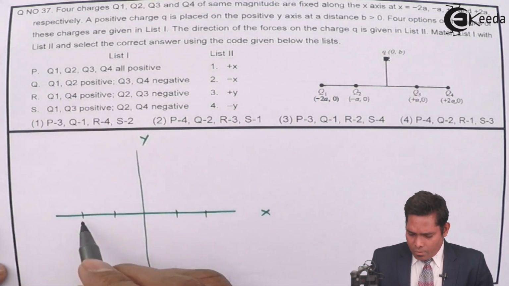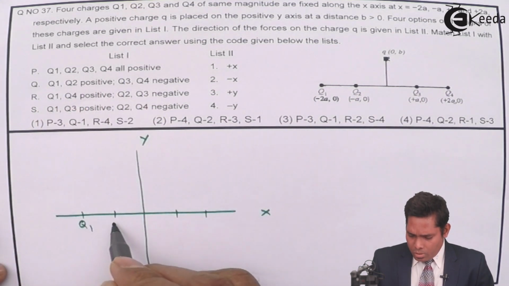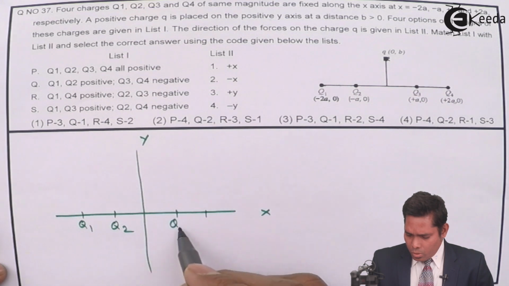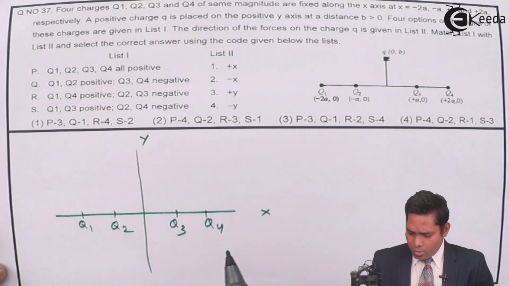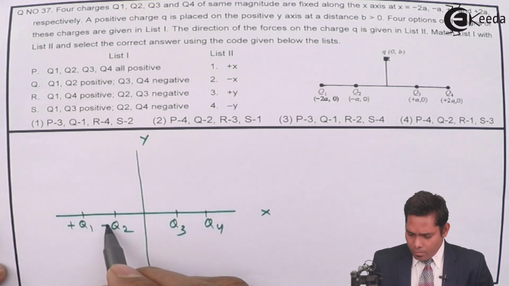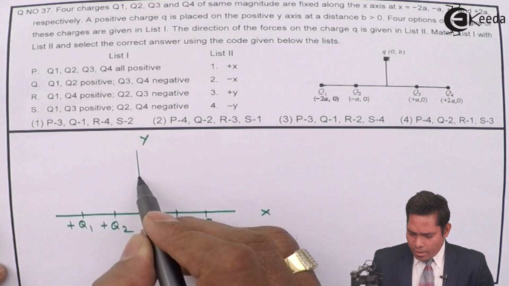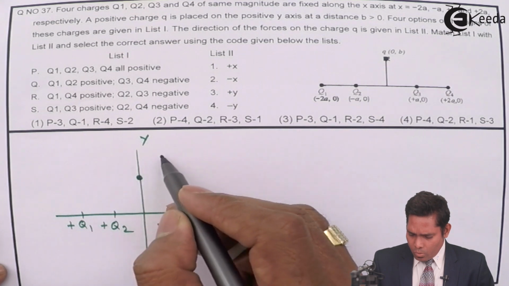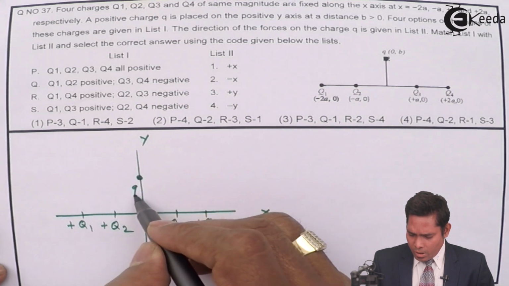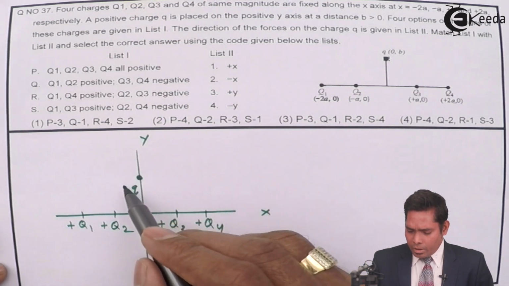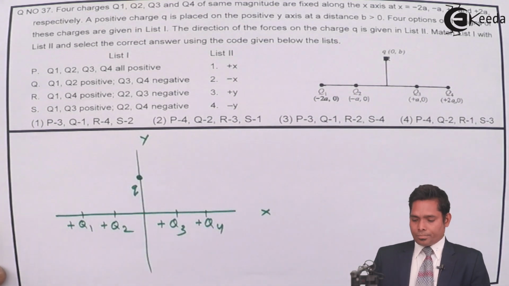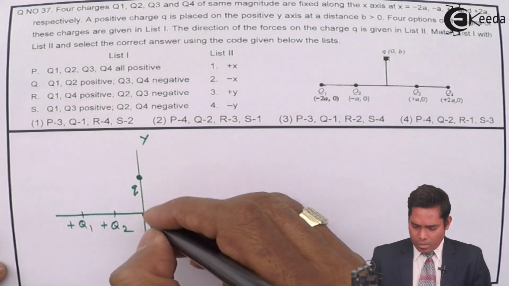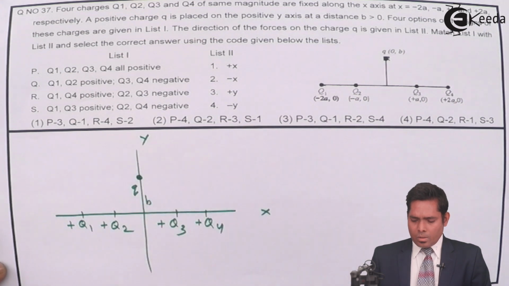All charges are positive: this is Q1, this is Q2, this is Q3 and this is Q4. A charge Q is placed here, and that is positive. This distance is b.